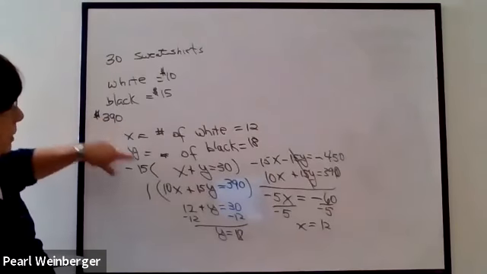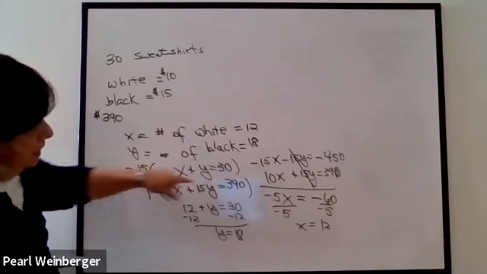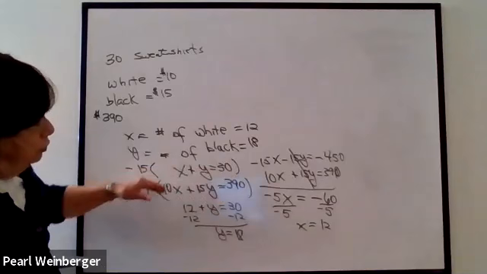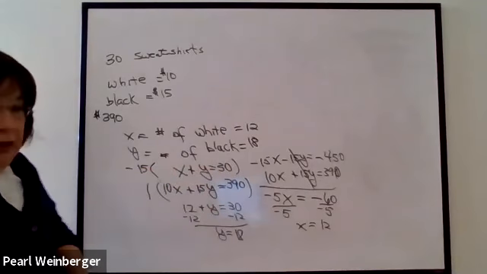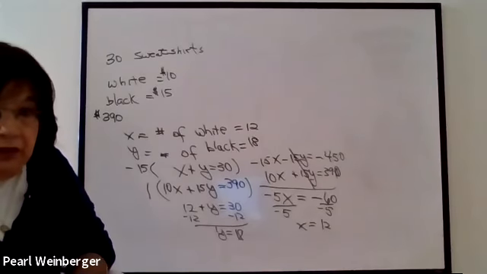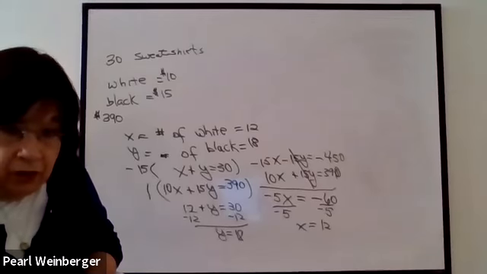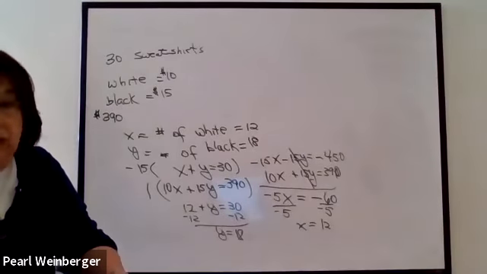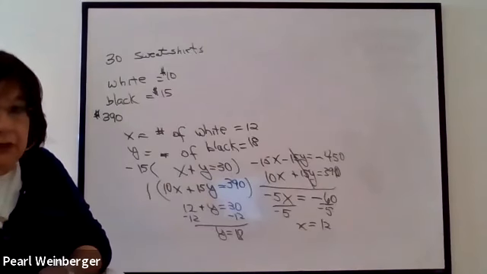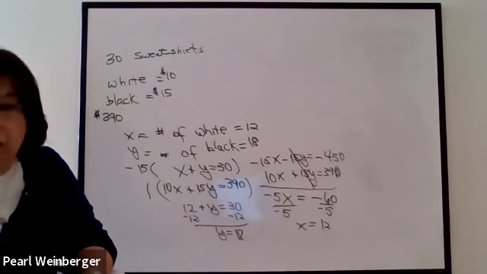The first equation had to do with how many there were of the item. The second equation had to do with how much money they cost. Again, there are a lot of questions that go like this, where you have a situation where two different types of items are being sold. I'm going to give you another one to try.